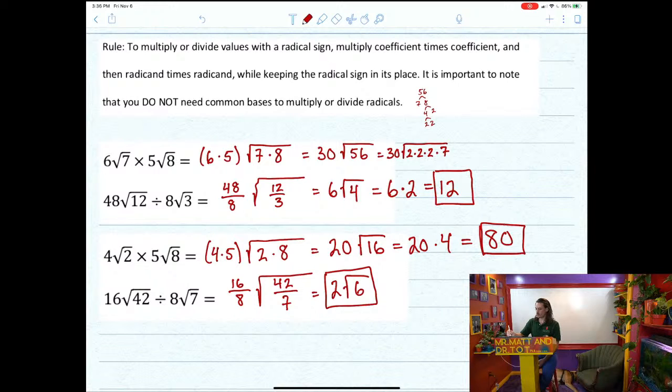And we can pull one pair out. So that's the same thing as 30 times 2 times the square root of 2 times 7. So that's going to be 60 root 14 as a final answer to number 1.